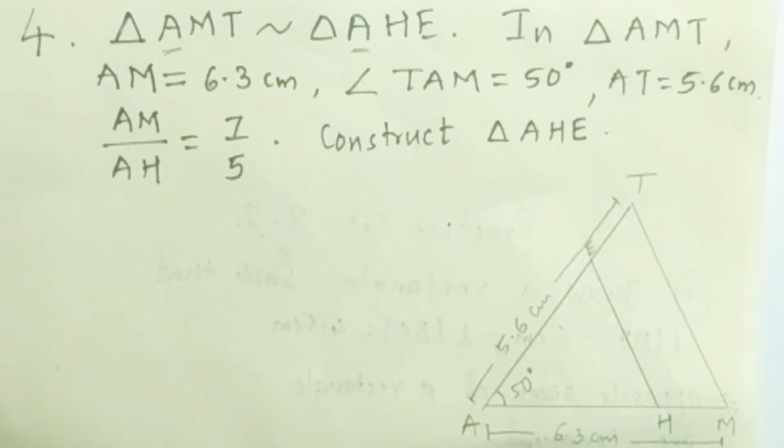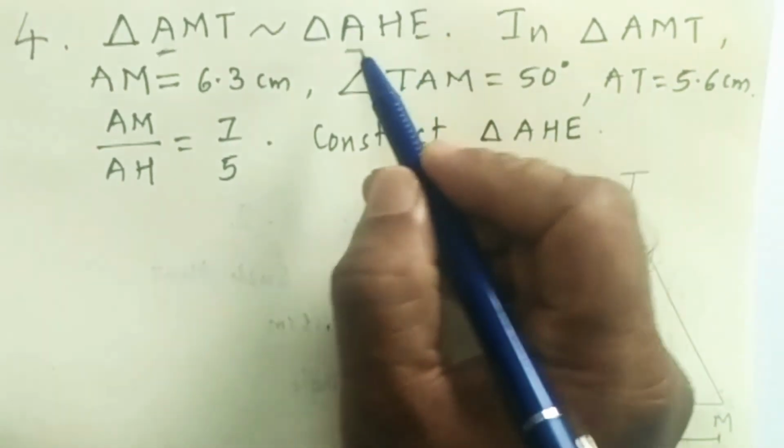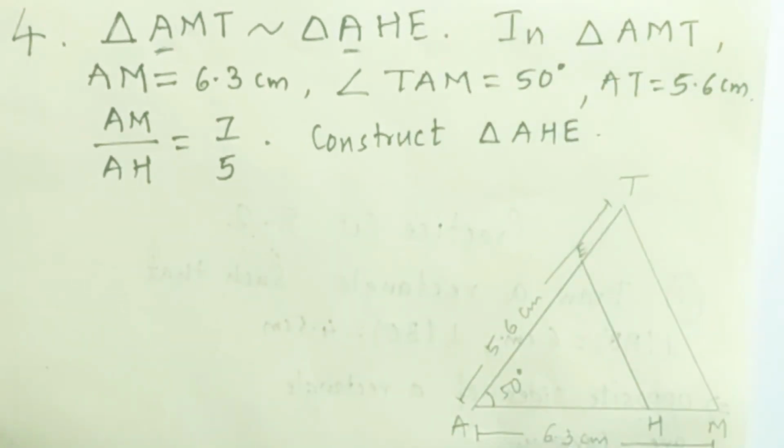Fourth example, construct triangle AMT similar to triangle AHE. So in these two triangles, vertex A is common. In triangle AMT, AM is equal to 6.3 centimeter, angle TAM is equal to 50 degree, AT is equal to 5.6 centimeter, and AM upon AH is equal to 7 upon 5.